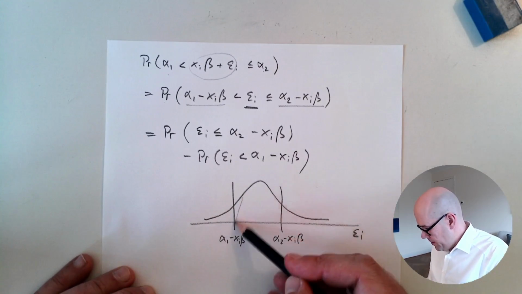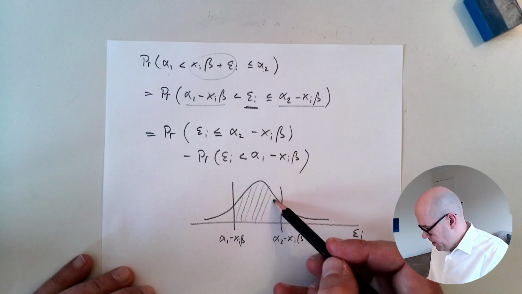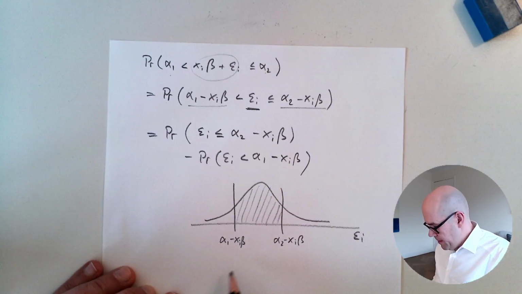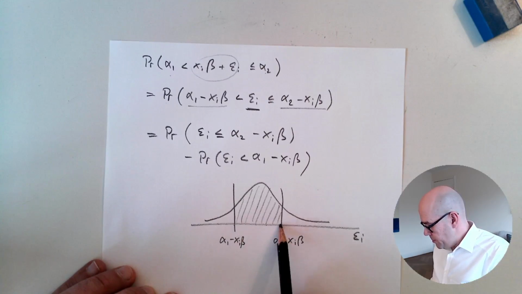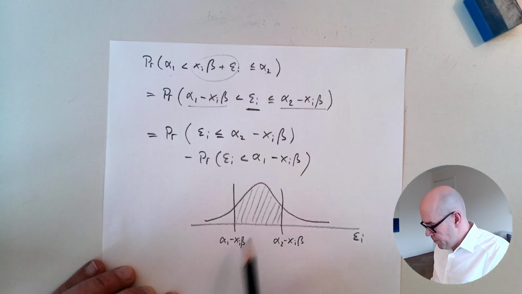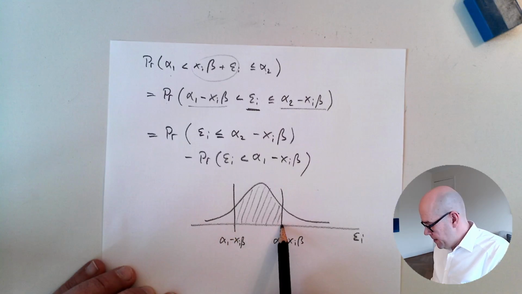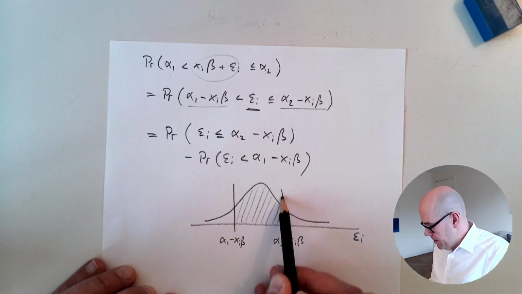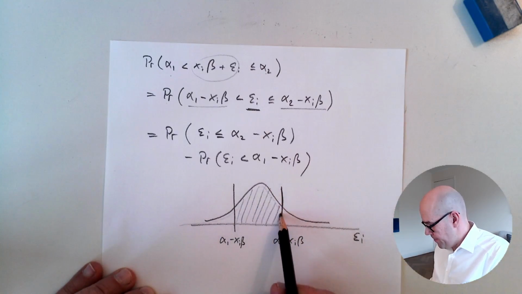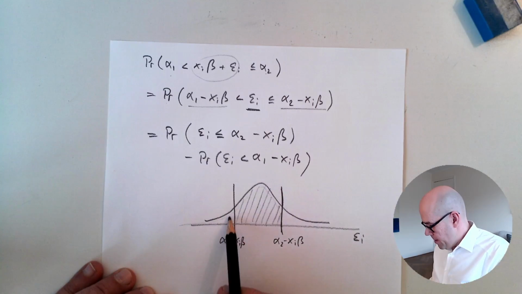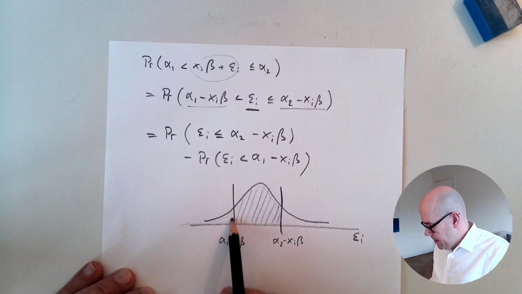What I want is this area here, namely the probability that epsilon is in between these two thresholds. So I can say this is the probability that epsilon is less than this higher threshold, so this is this whole area here, minus the probability that epsilon is less than this lower threshold.